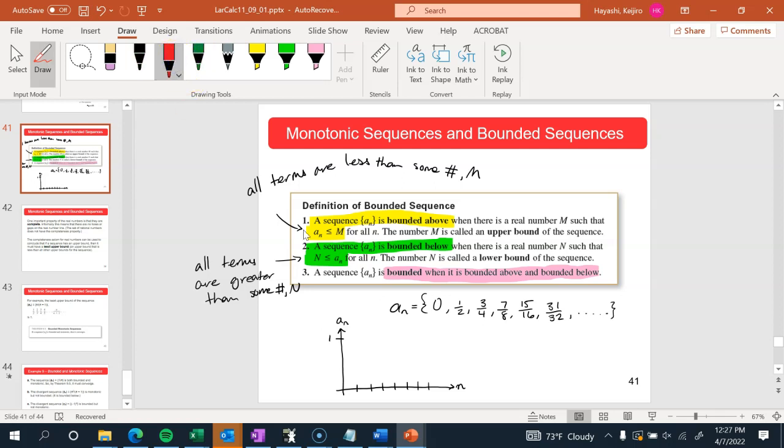Okay. So the first term is 0, meaning that for n equals 1, it's down here. Second term is 1/2, which means it's sort of halfway up to 1. 3/4 of the way up to 1 is sort of like half of the remaining distance. The next term is 7/8, so that's halfway of the remaining distance there.